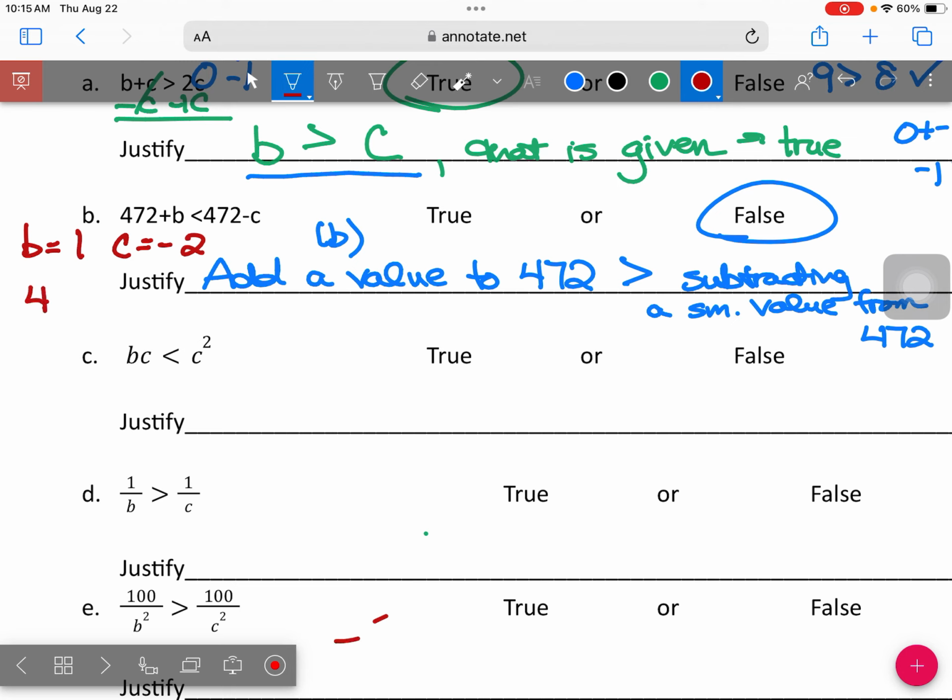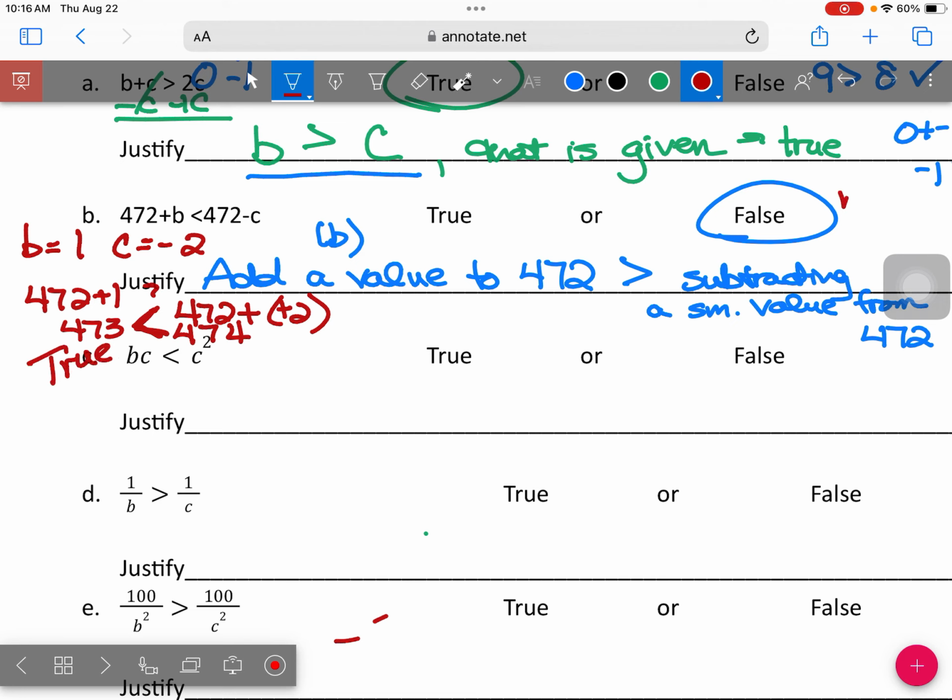So if I say 472 plus 1, I get 473. How does that compare to 472 minus a negative 2? You add the opposite and you get 474. In this case, it is less than 474.